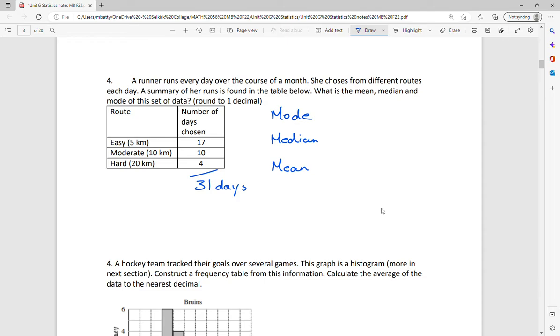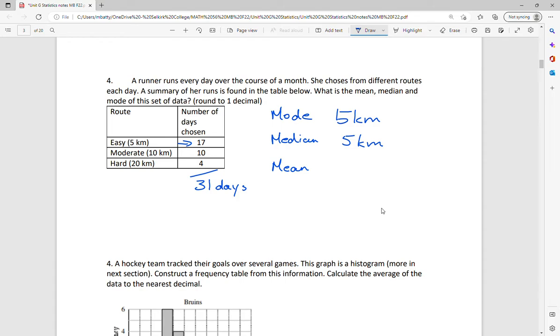So the mode for this, the most common, however many numbers of days, that would be a 5-kilometer run is the most common run for this set of data. The median, the middle number, would also be 5 kilometers. You have 17 at 5 kilometers, and you only have 14 greater than that, so that middle number is going to lie in that big group of fives.